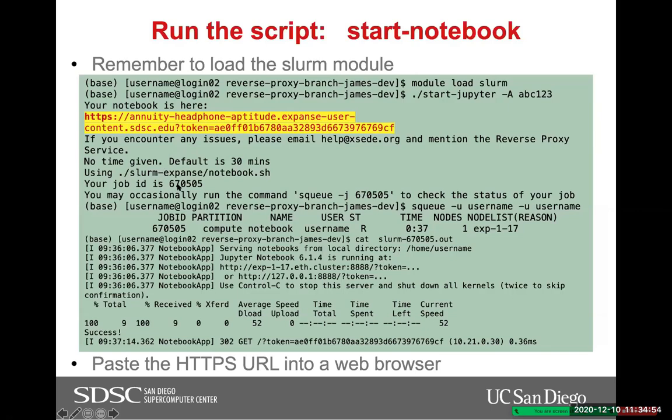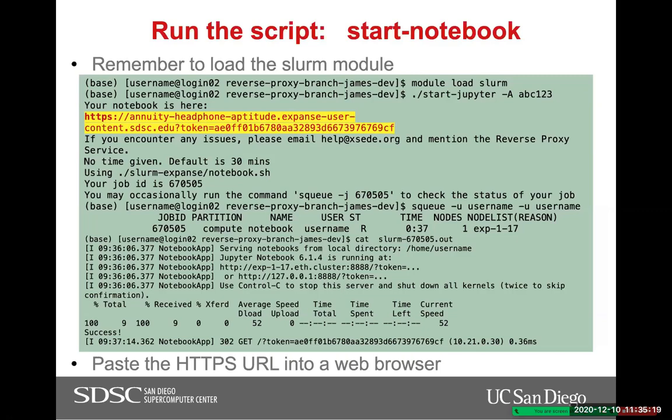So you get a job ID, and the first thing you want to do is look at the job ID. You run the squeue command, looking for your username. The reason is that if Expanse is busy, like Comet, it can take a long time just to get the allocation, to get that node. If it's very busy, it can take an hour.